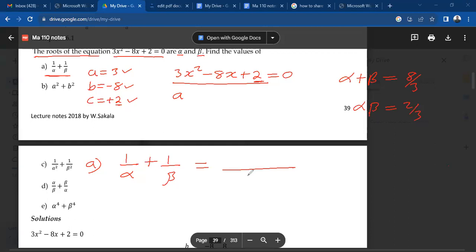The common denominator is the multiplication of the two denominators, alpha times beta. Then 1 over alpha, times alpha beta, gives beta times 1. So that will give us beta plus alpha. And what we have is alpha plus beta in the numerator over alpha beta.